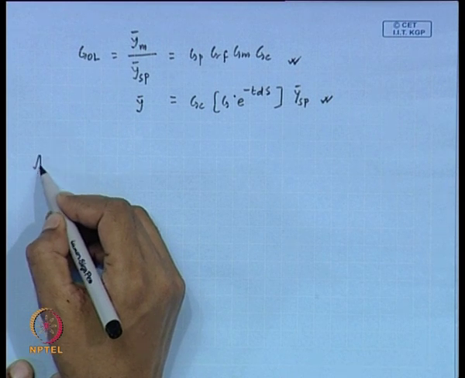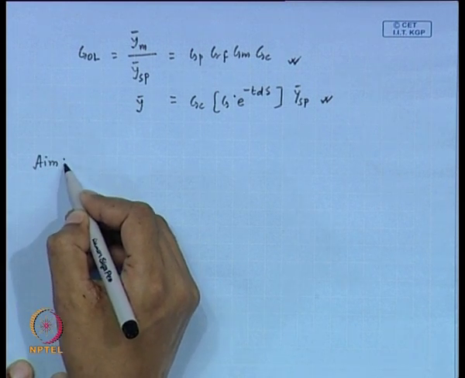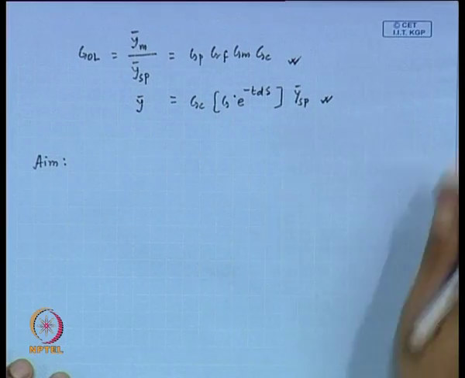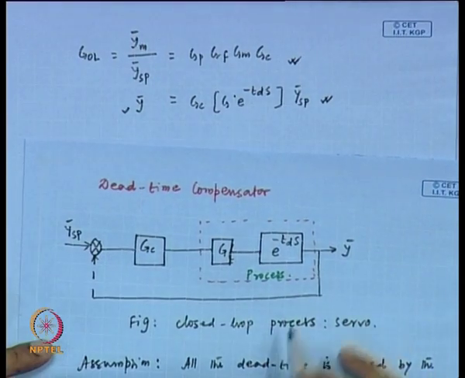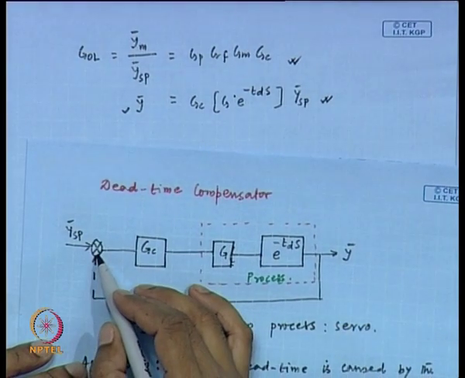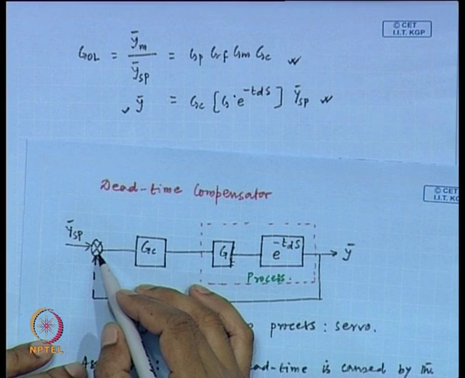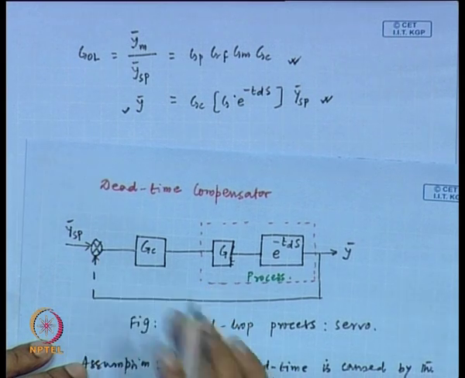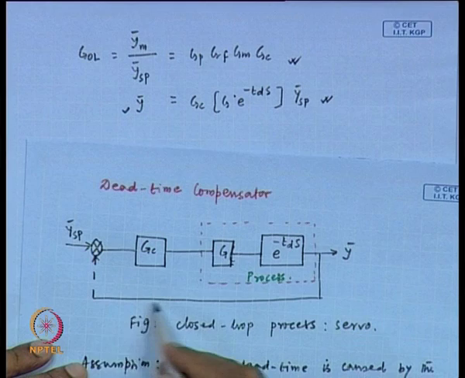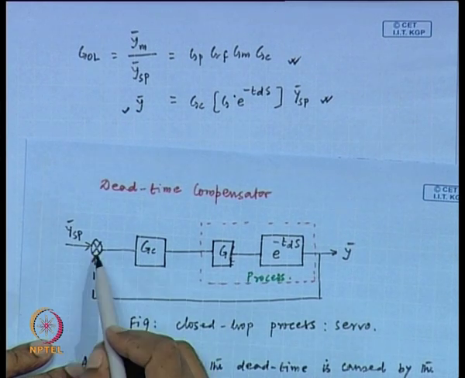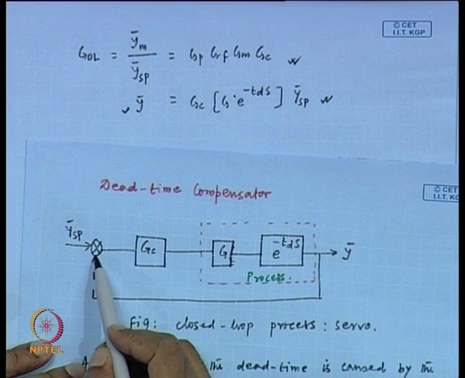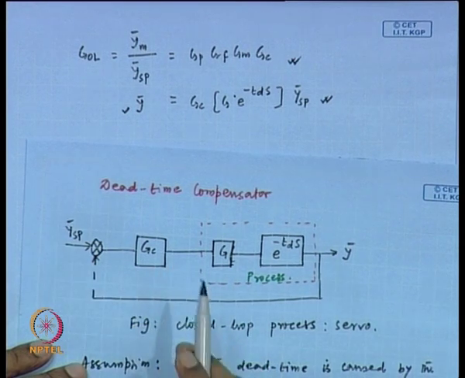Now, what is our aim? Basically, if this information y bar is fed back to the comparator, our target is to give a dead time free response to this comparator, so that the controller is not affected.